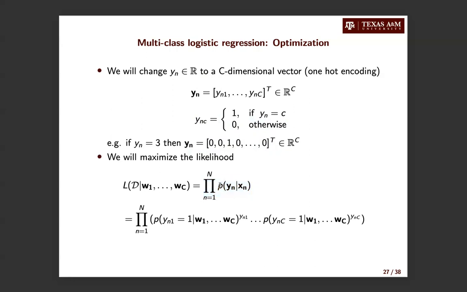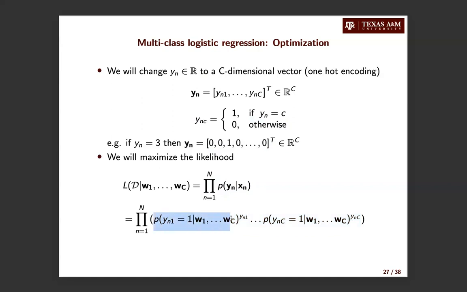This single probability now, if we write it in the form of the one-hot encoding, can be converted to this expression here. This expression essentially has C elements that are being multiplied, as many as the number of classes.